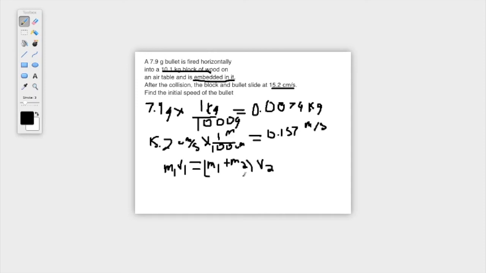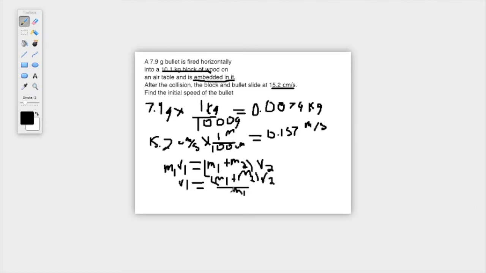So simply what you have to do is divide by m1 on both sides. So you get v1 equals m1 plus m2 over m1 times v2.